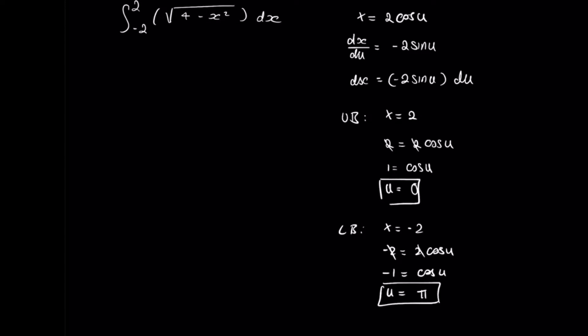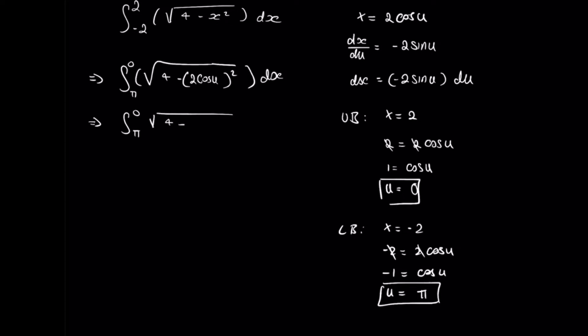Substituting 2 cos u for x, we get the integral of square root of 4 minus (2 cos u) all squared times dx. And remember, we've calculated our new bounds, so now it's between pi and 0. This becomes the integral between pi and 0 of square root of 4 minus 4 cos squared u times dx.